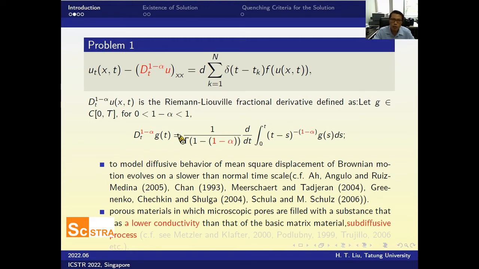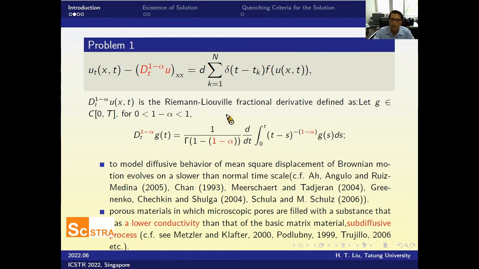Now, if there are microscopic pores with lower conductivities inside the original material, the heat transfer will experience different diffusion rates. So the heat distribution will no longer be smooth and even on the line, which makes the energy consumption difficult. This uneven heat diffusion on the rock is named subdiffusive properties. Many results have been obtained due to these special properties of the material.